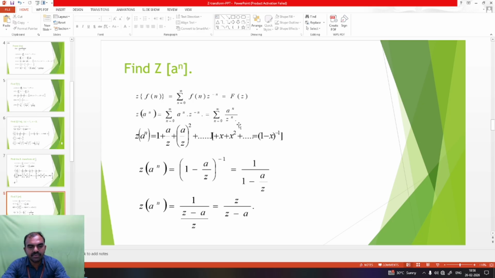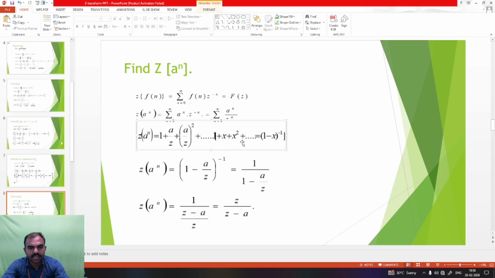So this is the expansion of 1 plus x plus x square and so on. This is the formula of 1 minus x power minus 1, a binomial expansion of that. Okay, yes. So here what is the x value? A by z. So 1 minus a by z, the whole power minus 1.